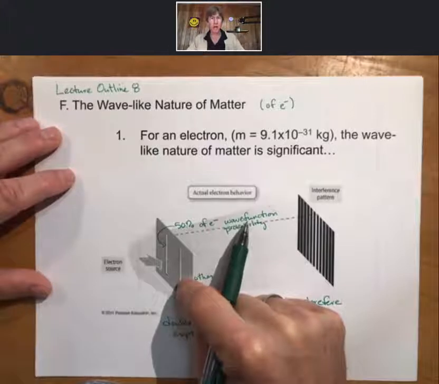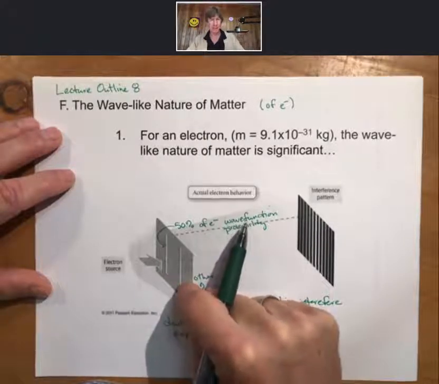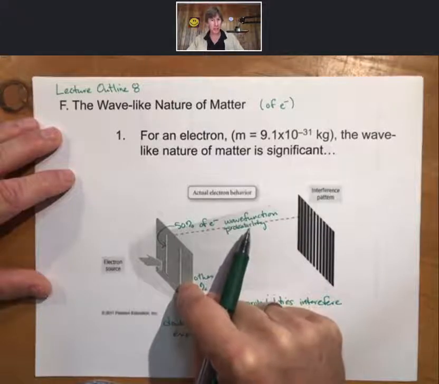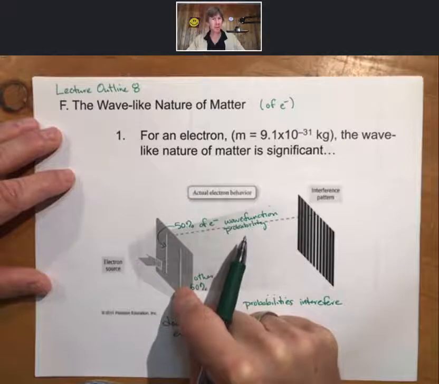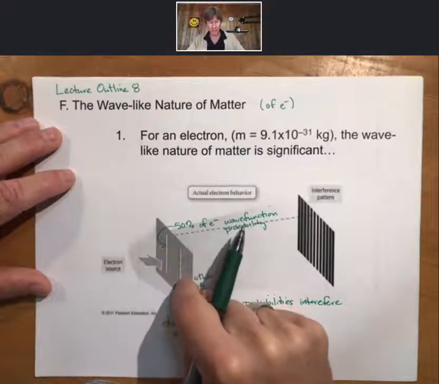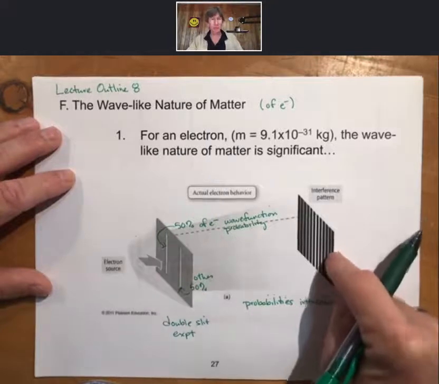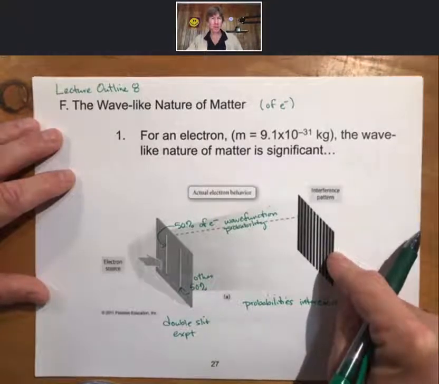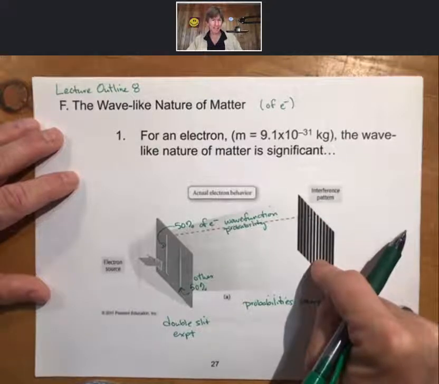Once you observe it going through one of the slits or the other, then there's only a 100% probability of it going through, let's say, this slit, and a 0% probability of the other. Either way, you know it goes through one of the slits. There's no probabilities to interfere, and you get particle-like behavior only, which is 2 single bands here.